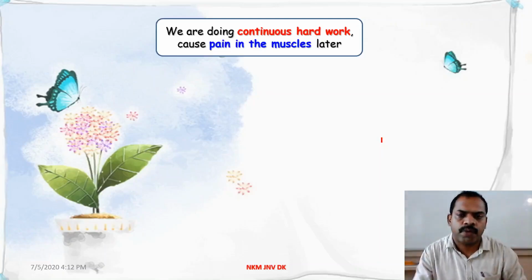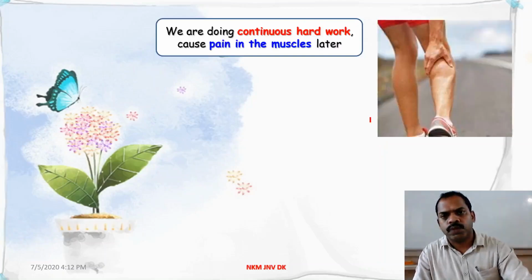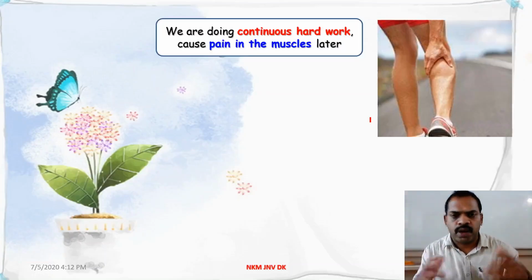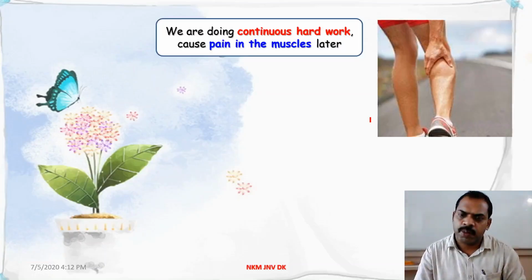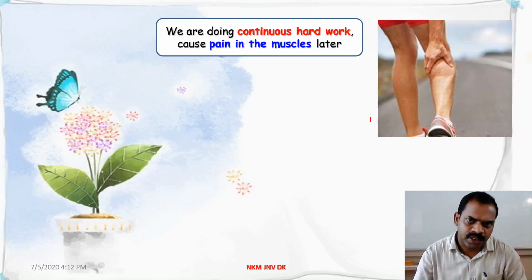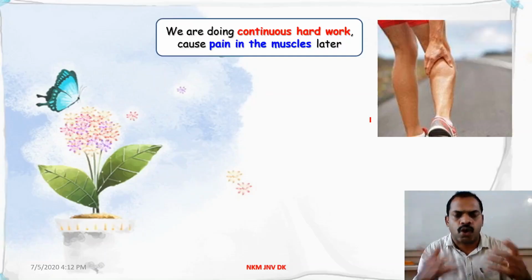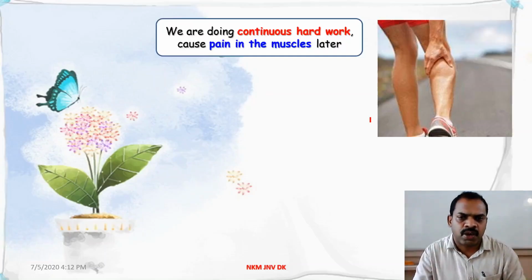Another type of respiration I am introducing to you. When we do continuous hard work, run continuously, or play for a long time, we feel pain in our muscles. Because of the pain, we stop running, working or playing.